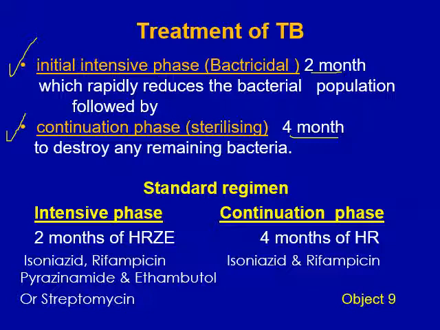The standard treatment regimen. In the intensive phase, we use for 2 months 4 drugs: INH, isoniazid, rifampicin, pyrazinamide, ethambutol orally or streptomycin.